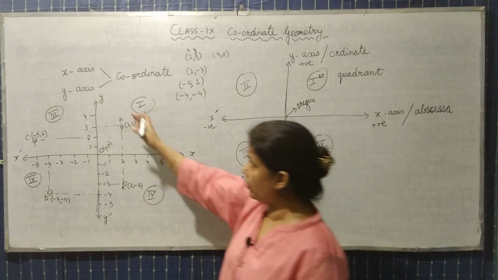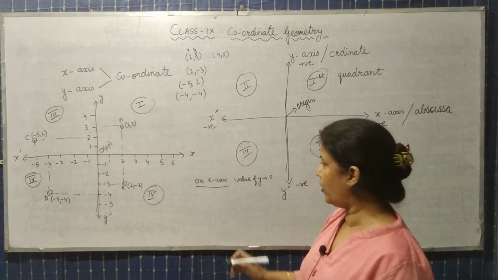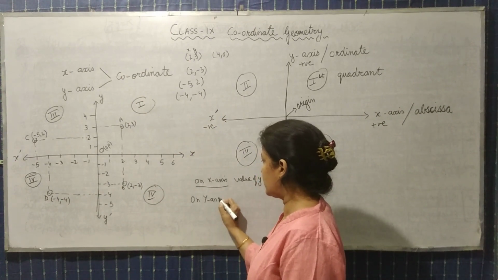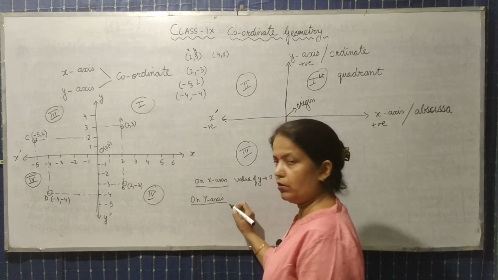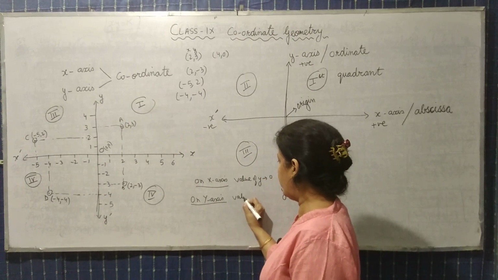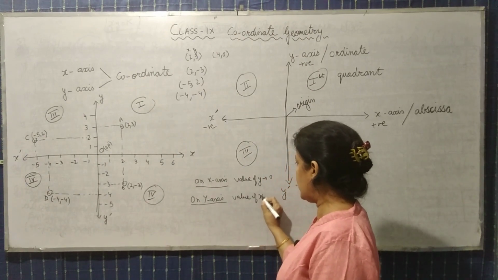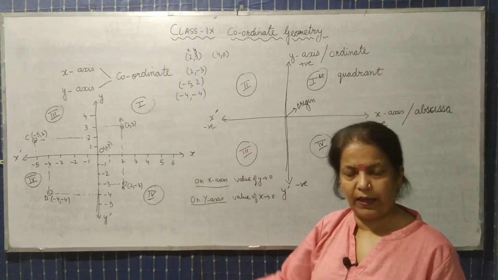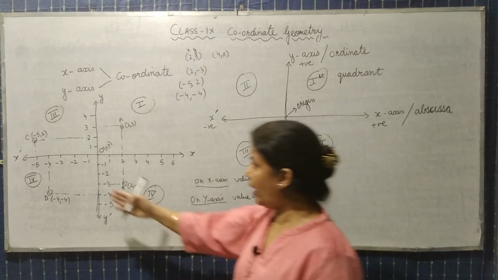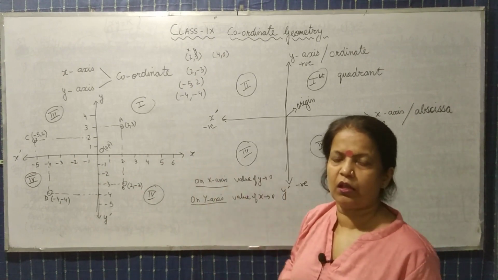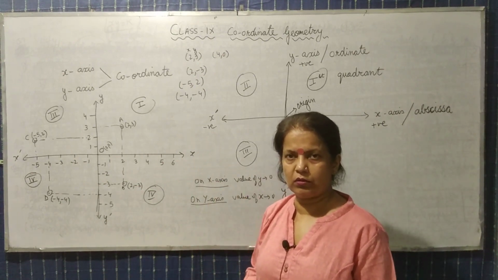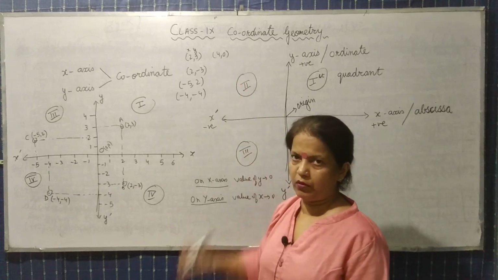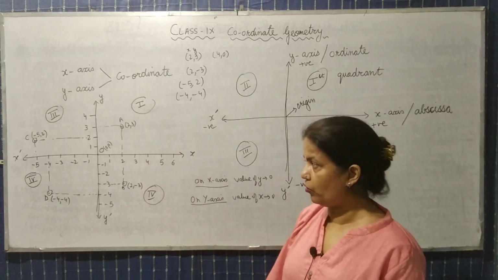Now in reverse order, if we talk about y axis, so on y axis क्या होगा? Value of x is always 0. Y axis पर x की value 0 होगी and on x axis y value is 0. Is it clear?